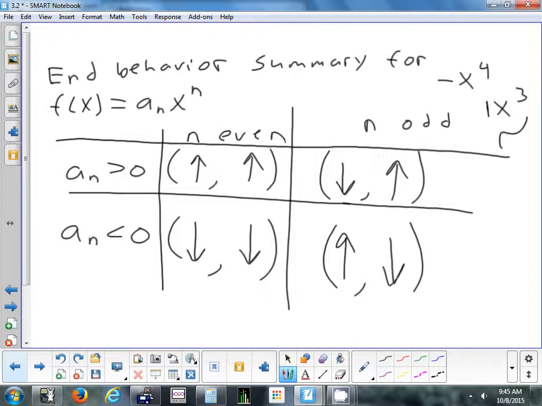Down on one end, up on the other. If you had something like, let's say, negative 2x cubed, it's an odd exponent. The number in front is negative. It's going to be up and down. So it gives you an idea of what it's going to look like before you even graph it. All you're going to look at is that number and that number.